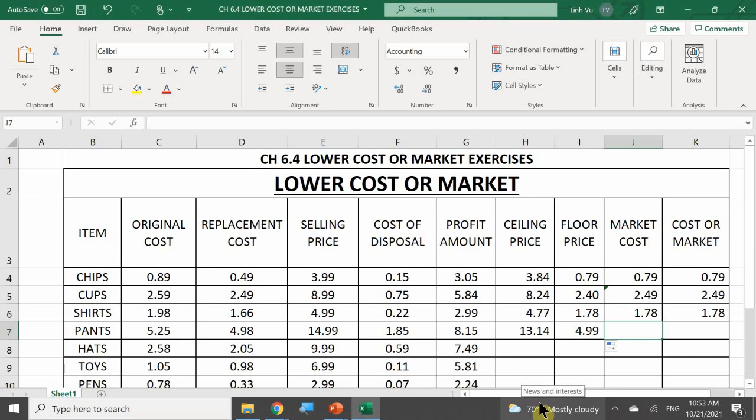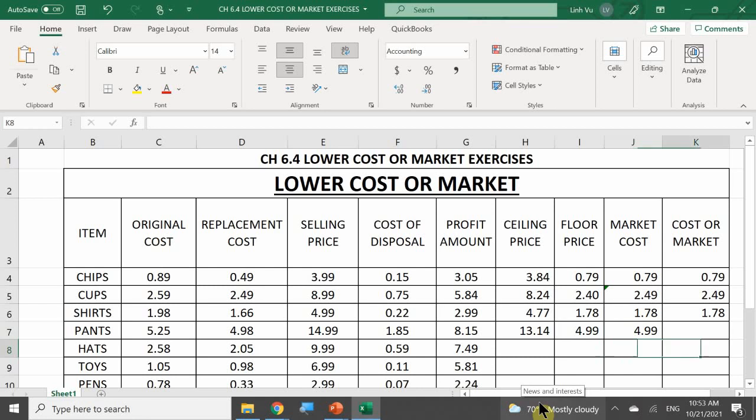Okay. So let's compare. Which number is the highest? 13.14, right? Which one's lower, $4.99 or $4.98? The $4.98. So therefore, my market is going to be $4.98, right?